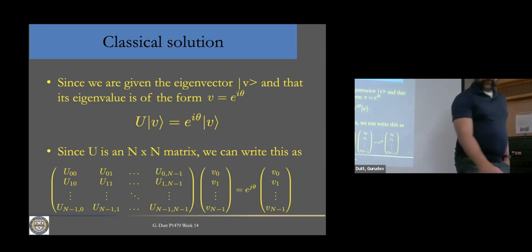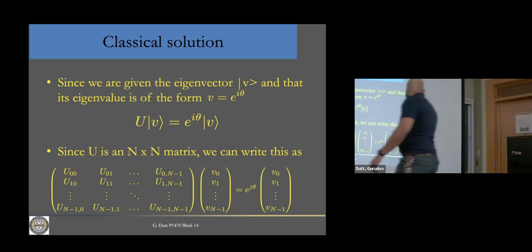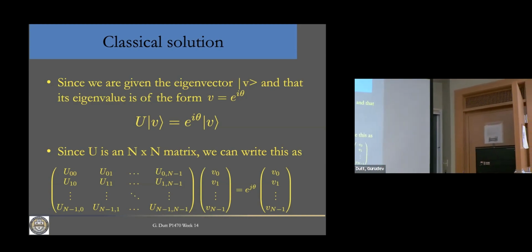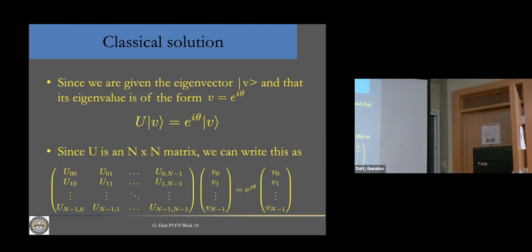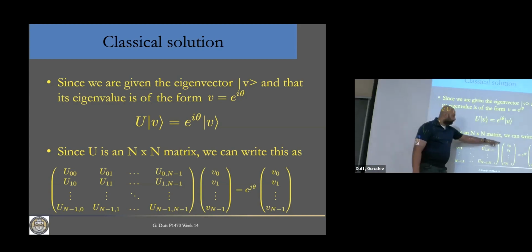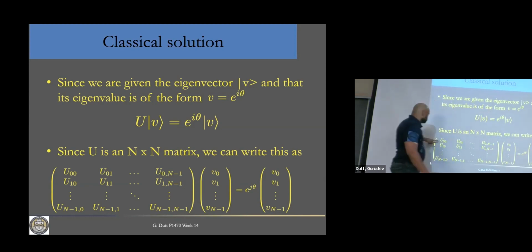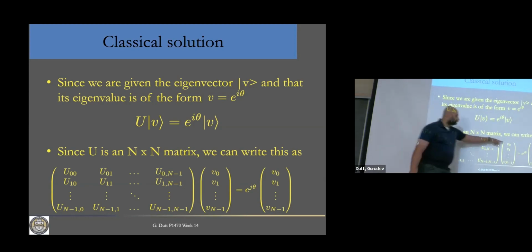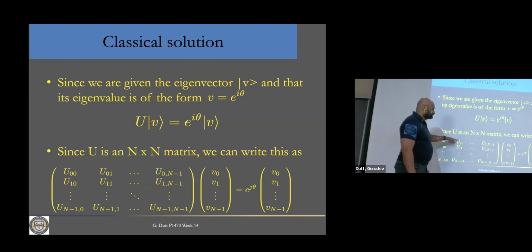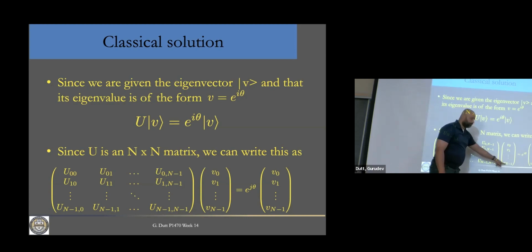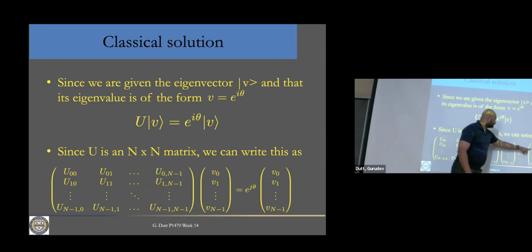So this is just the representation of this equation written out in matrix form. Now we can take any one of these rows. This is just matrix multiplication. I can take the first row, for example, multiply it by the column vector, and equate it to e to the j theta times the first element here. So I'll get u00 times v0 plus u01 times v1, up to u0 n minus 1 times v n minus 1, adding all those together gives me e to the j theta times v0.